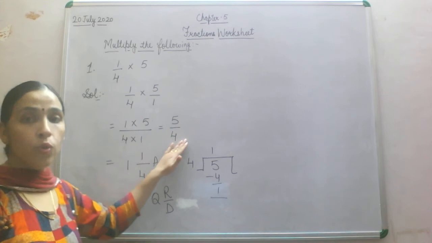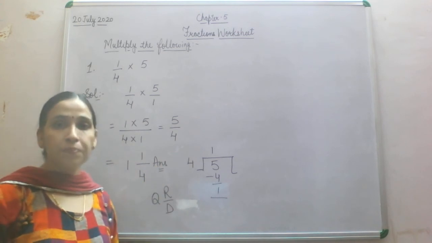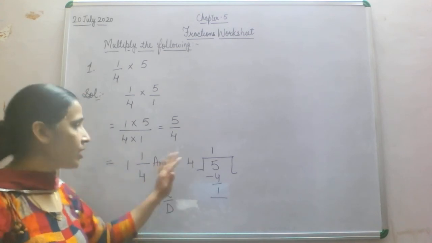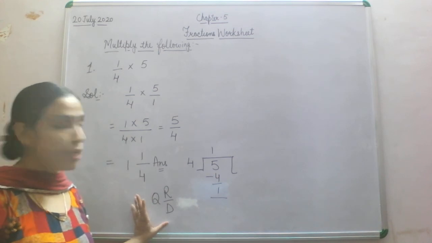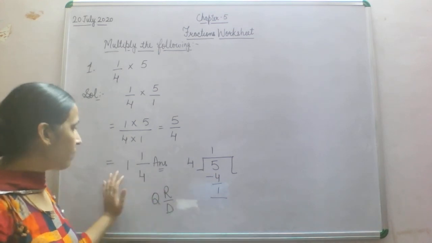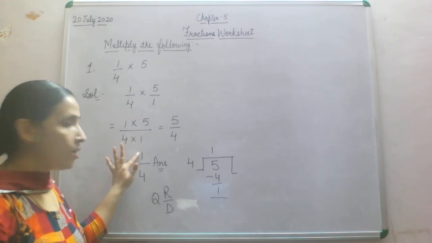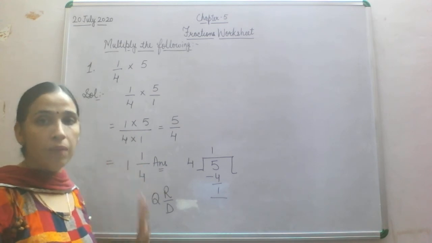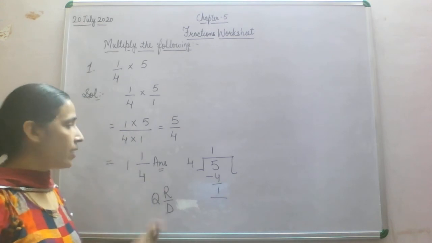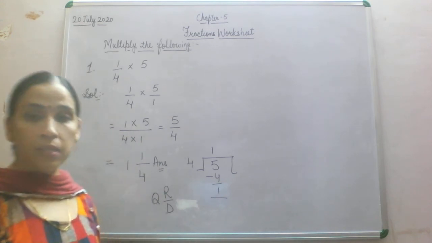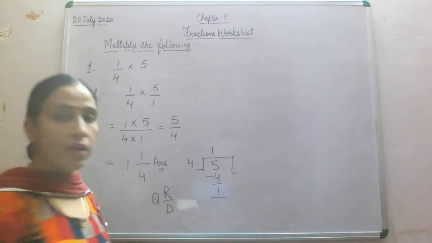Now 5 by 4 is an improper fraction, so an improper fraction is supposed to be changed into a mixed number or mixed fraction. So we will write the whole number 1, and above it, 1 by 4. That is QRD. So this is our first question of our worksheet.